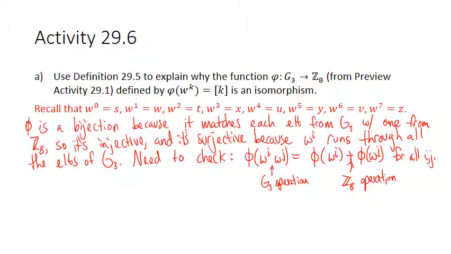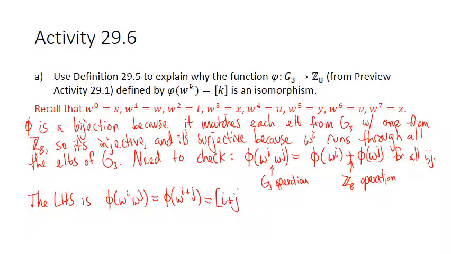Okay, so let's just check that. Using the way that phi has been defined, we can say that the left-hand side here is phi of w^i times w^j, so we can add those exponents together, i plus j. So where is this going to get mapped to by the phi function? That is going to be this, i plus j, like that.